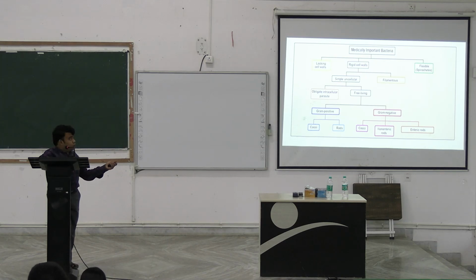what could be the shape? It could be simple unicellular or it could be filamentous. Filamentous means very long shape. And among the unicellular, it can be either obligate intracellular or it could be free living. Now, what does it mean? Obligate means absolute. And what does intracellular mean? Over here, intracellular means inside human cells.